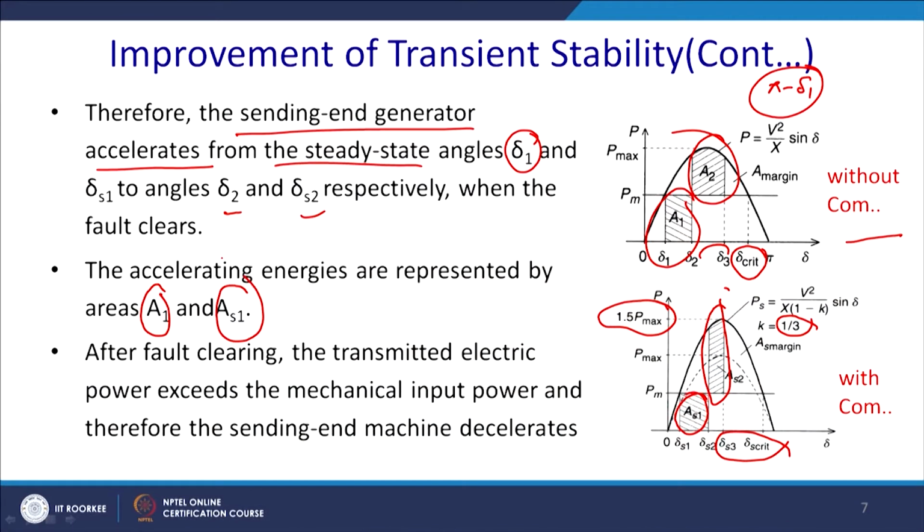The accelerating energy is represented by the areas A1 and AS1, and after the fault clearing, the transmitted electric power exceeds the mechanical input power, and therefore the sending end machine decelerates. So, we have to match these two areas, and here is a huge margin available for clearing the fault.